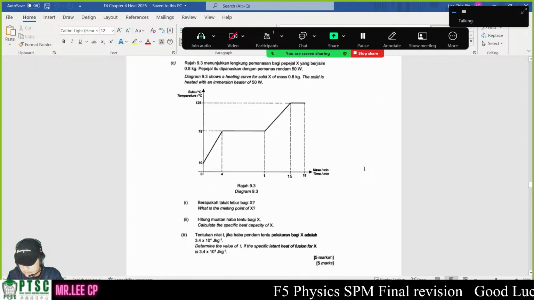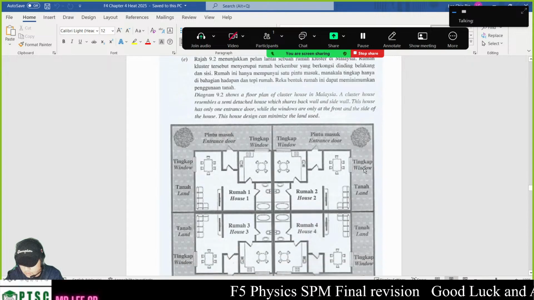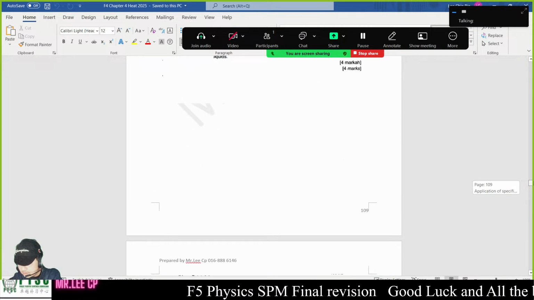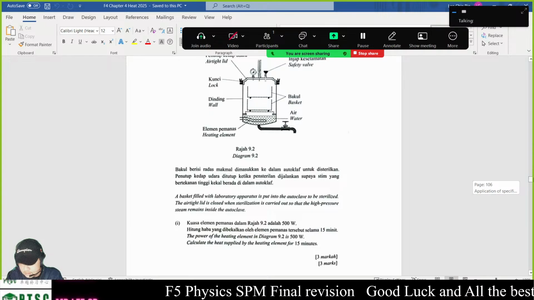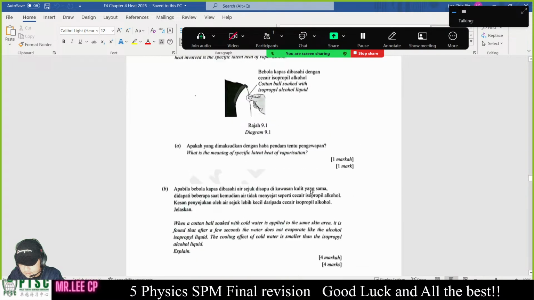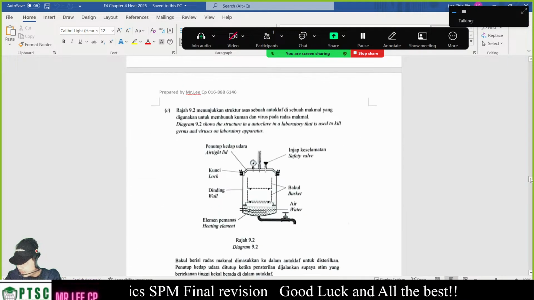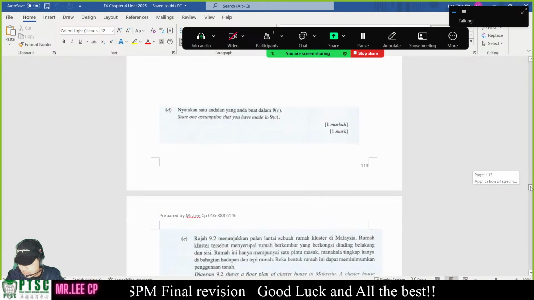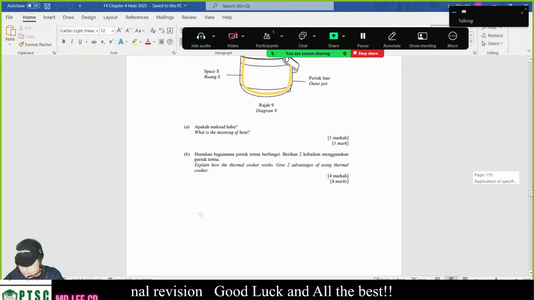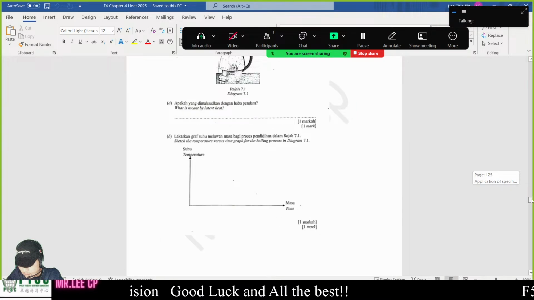That's why I think heat is important. One more, still got one more about the refrigerator one. I forgot which question already. Is it this one? No, not this one. Let me find first. Not this one. Where is it?